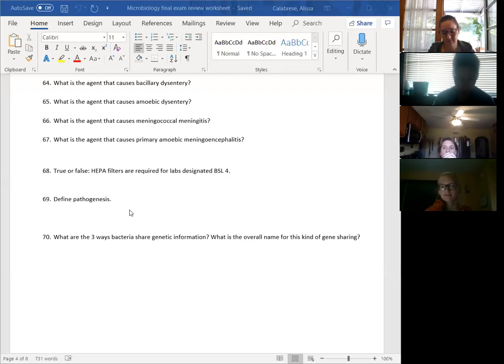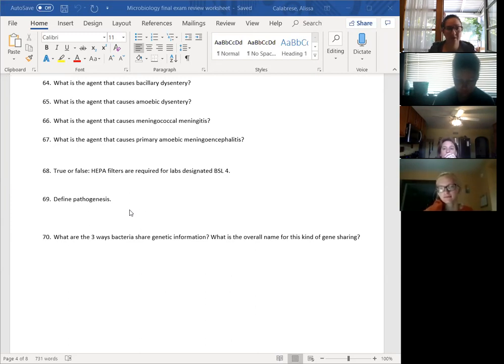And so conjugation is one of those things that's cool. It's a way that they can get their genetic material all switched around. It's also dangerous in that it's a way that they can transfer genes for antibiotic resistance. And it doesn't even have to be the same species.